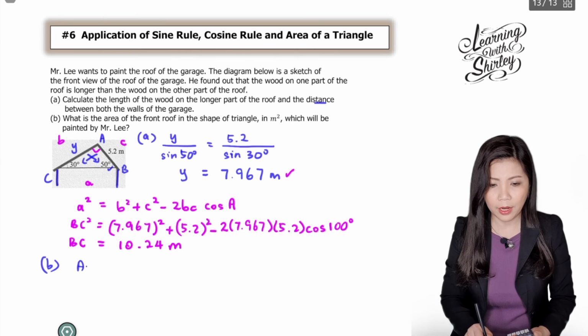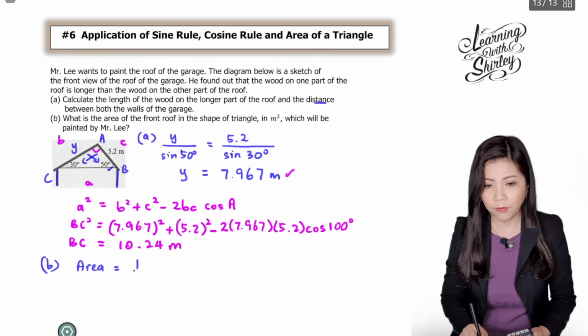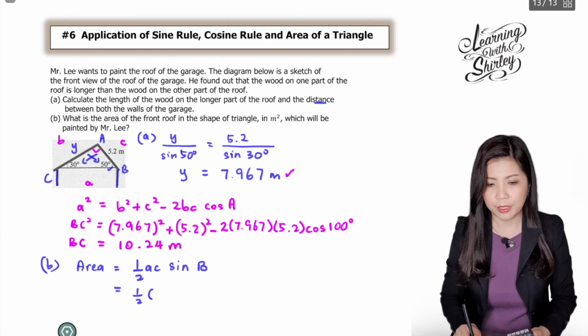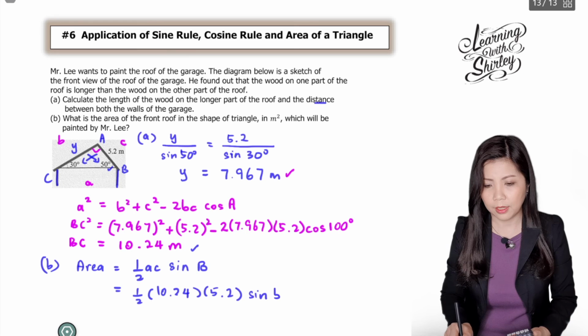So to find area, I'm going to use half, and for this I can use half ac sine B. So it will be half, a is the length of BC here, 10.24, and then c would be 5.2, and then sine B is 50 degrees.